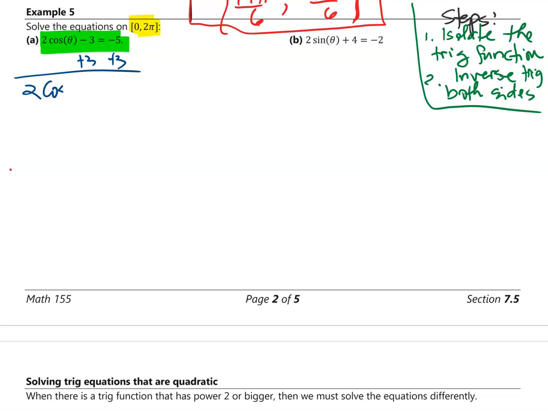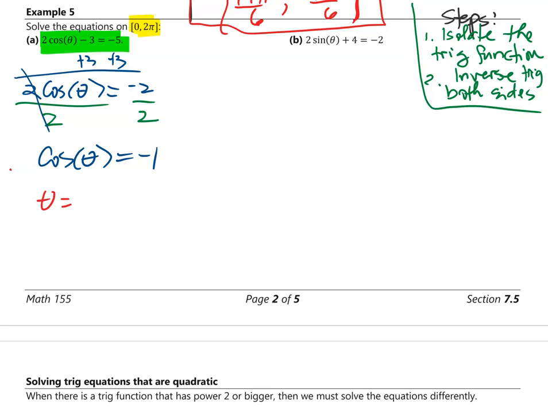So 2 cosine theta equals negative 5 plus 3, which is negative 2. Then divide by 2. So cosine theta is equal to negative 1. And then inverse trig both sides. So theta is equal to inverse cosine of negative 1.